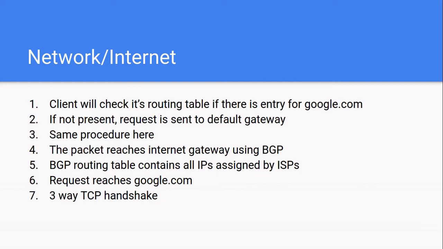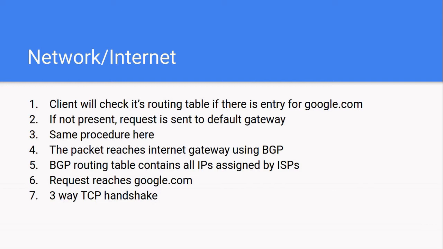Alright, now this will happen until the packet reaches the internet gateway using border gateway protocol. Border gateway protocol contains all the IPs assigned by ISPs, so it actually knows how to get to a particular public IP address through the routing table.